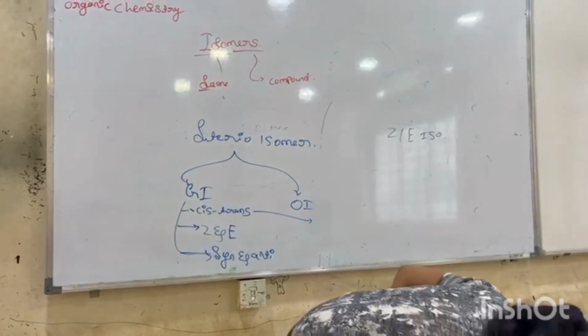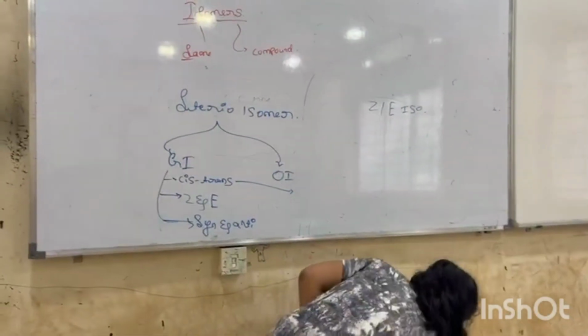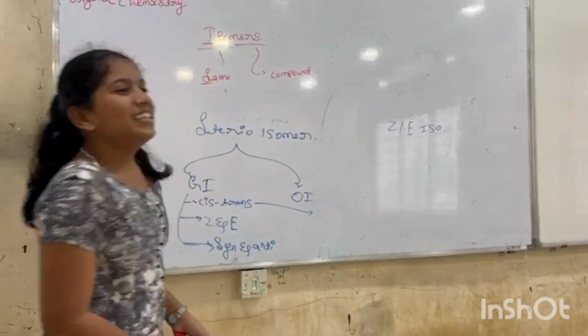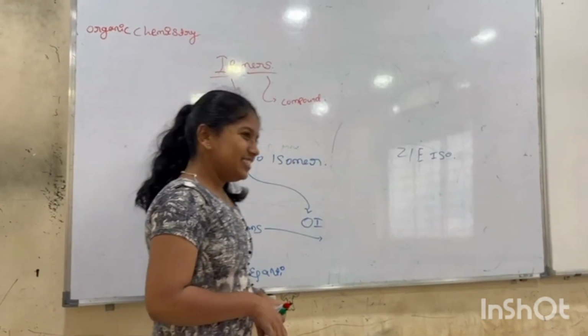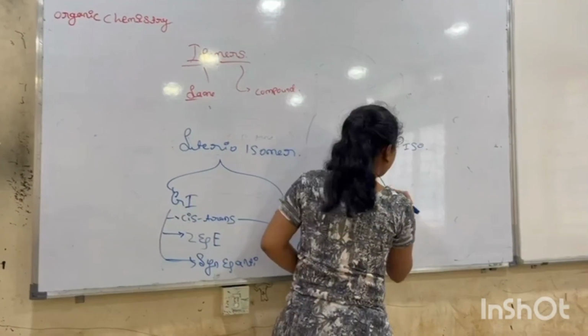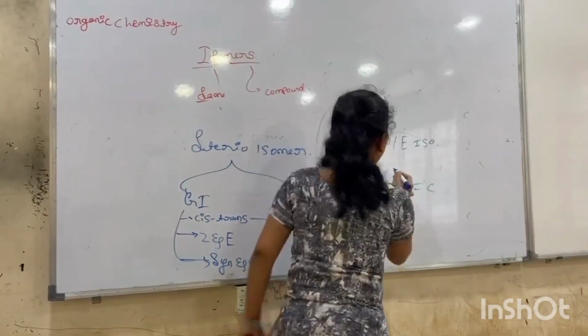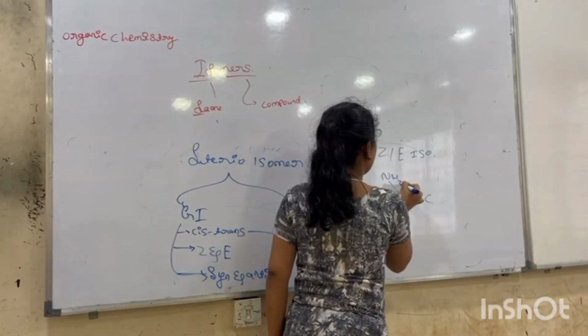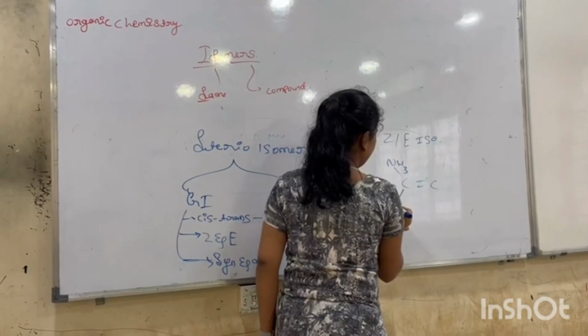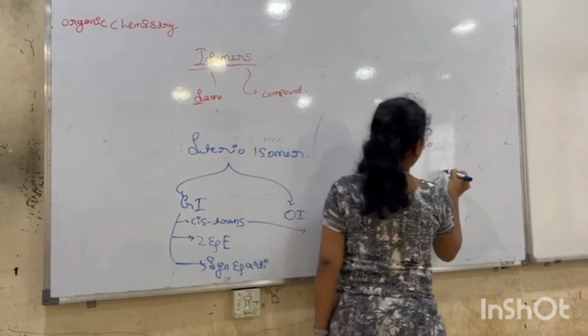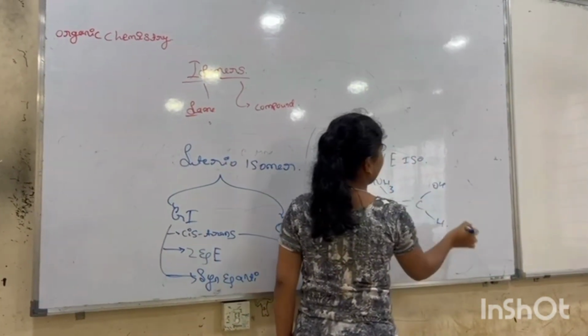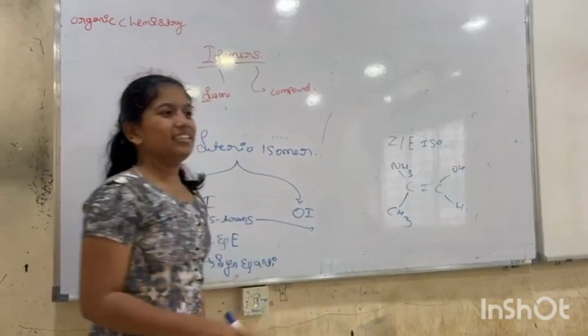We give 1 and 2 based on atomic number, atomic mass. The one that gets 1, if the 1s are on the same side, it will be Z. If they come across, it means E.